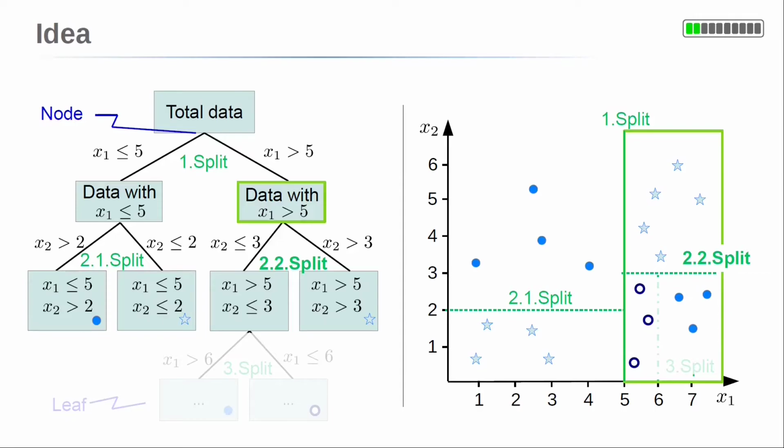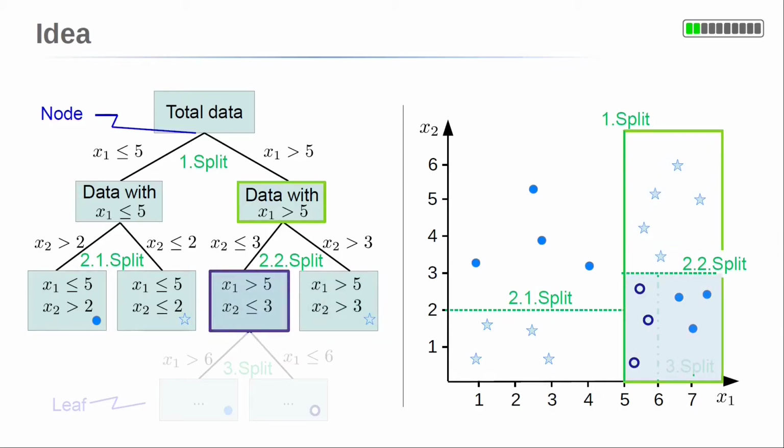Next, we consider the right half of the first split. At this node, the data point's x1 value is greater than 5. We then ask the question, for all data with x1 greater than 5, is x2 greater than 3 or not? If so, we have only data with the class of the blue stars left.